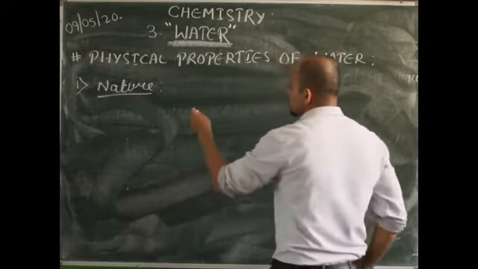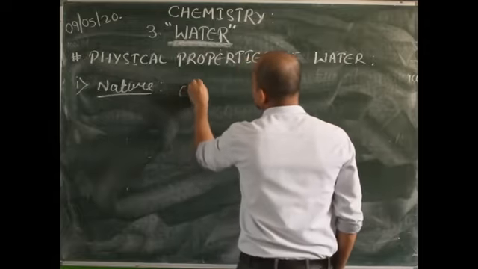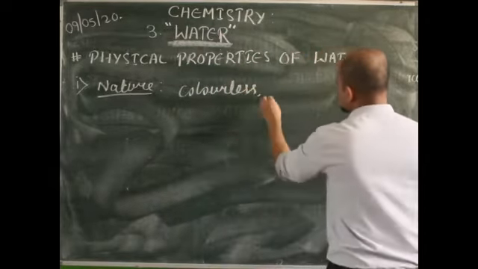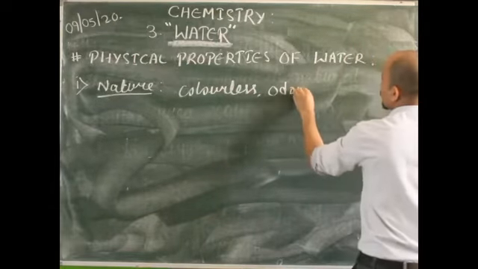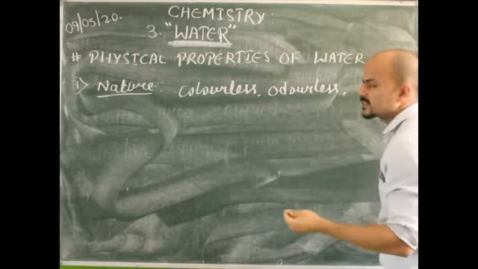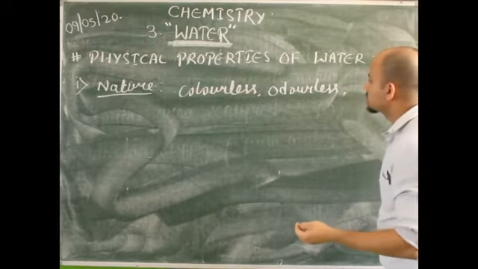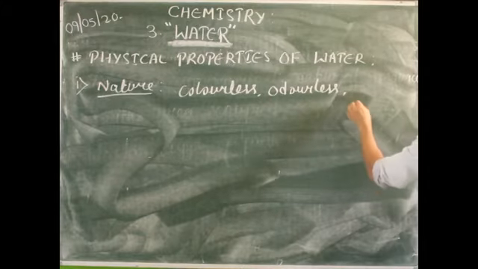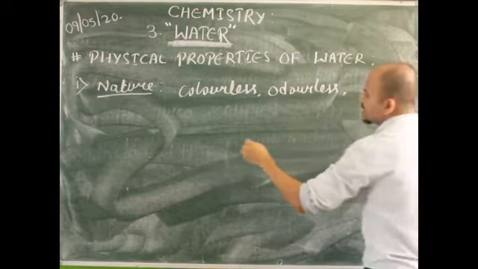So nature of water is what? It is colorless, odorless. Odorless means no smell. Clear water doesn't have any odor. And it is also colorless, odorless and tasteless.